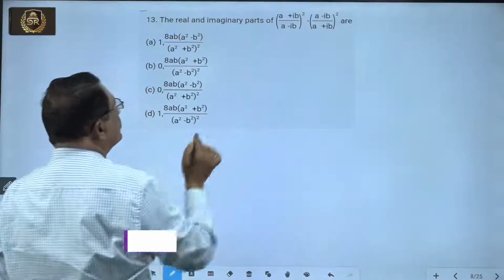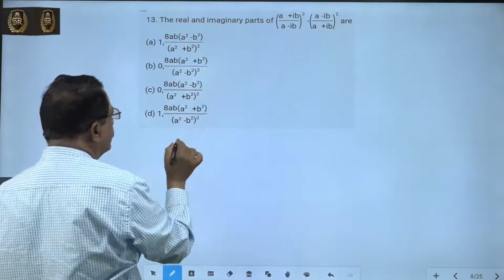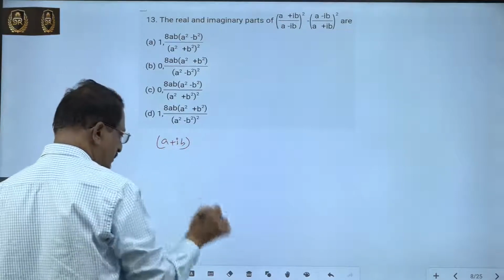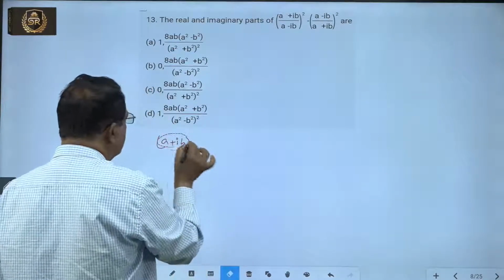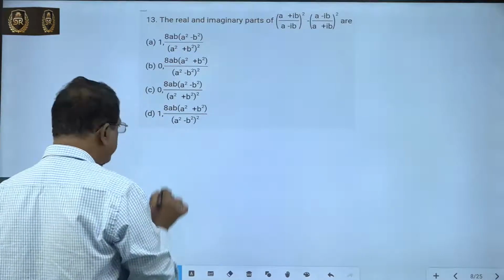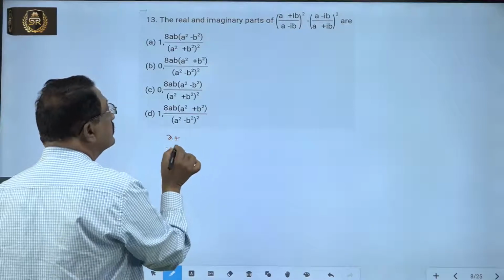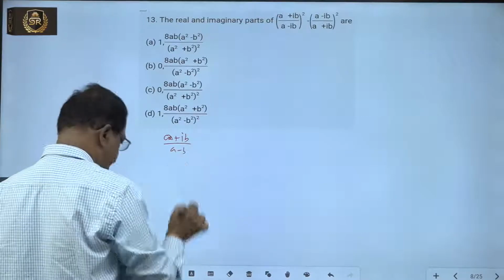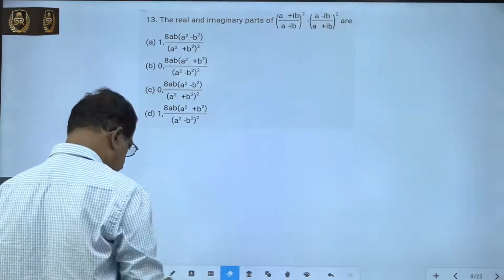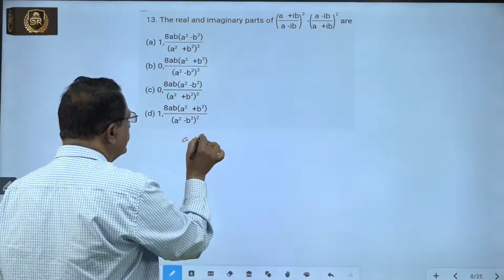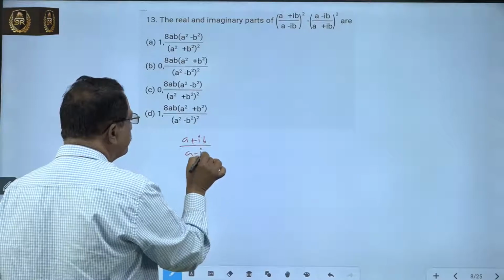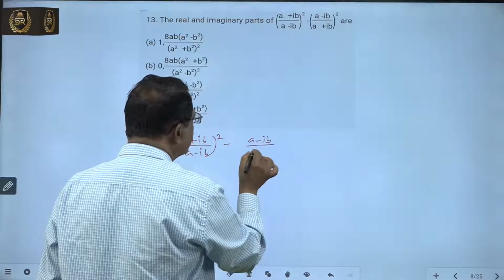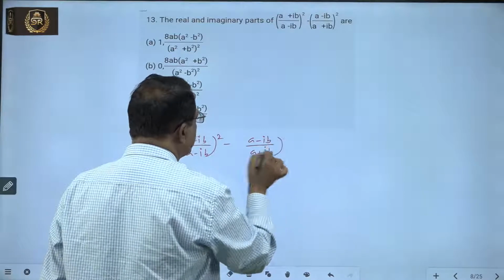Next, find the real and imaginary parts of ((a plus ib) by (a minus ib)) whole square minus ((a minus ib) by (a plus ib)) whole square.